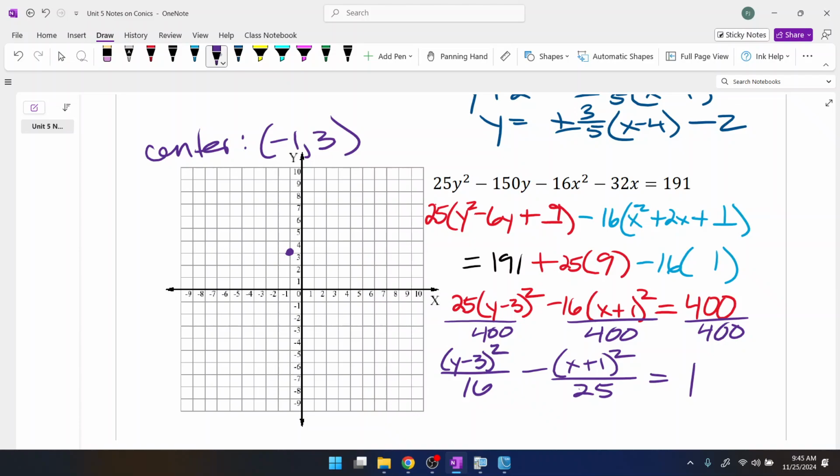So we're going to go up and down 4 units, and left and right by 5 units.